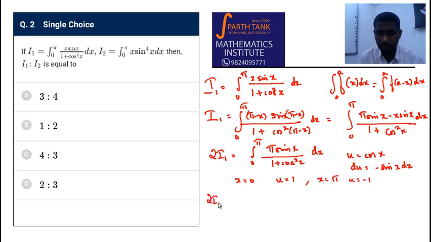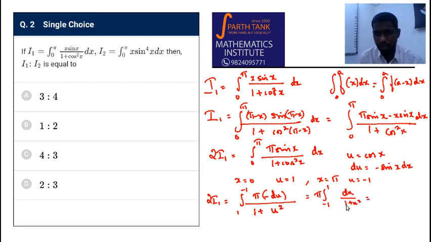Therefore this integral 2I1 is equal to integral 1 to minus 1 pi, sin x dx is minus du, divided by 1 plus cos squared x, which is 1 plus u squared, right? Now you can change the limits and cancel that negative sign. So pi times du upon 1 plus u squared, and du upon 1 plus u squared is nothing but tan inverse of u from minus 1 to 1.